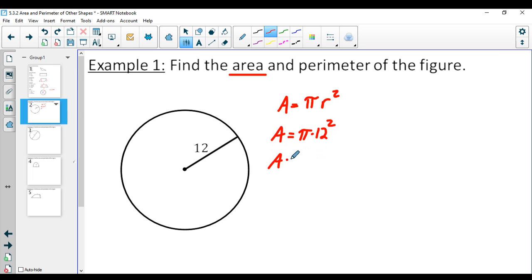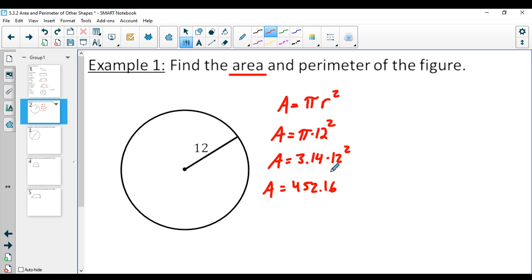And again, pi, you can just write 3.14, right? And that's just something you put in your calculator, 3.14 times 12 squared, which is 452.16.